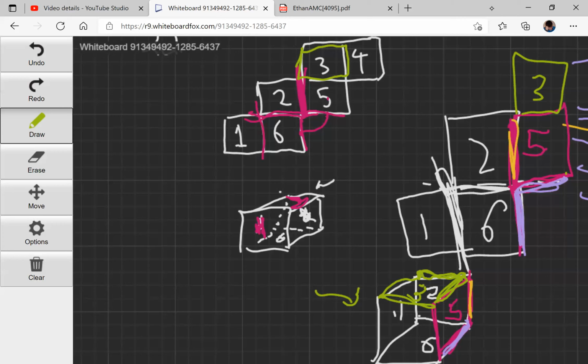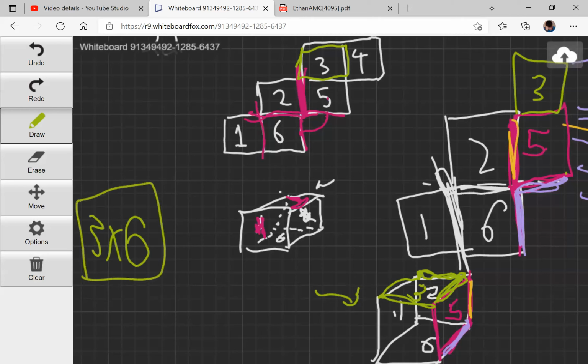which is good. So what's 3 times 6? 3 times 6 is 30? How do you get 30? It's not even 10 here, so you can't get more than 30.